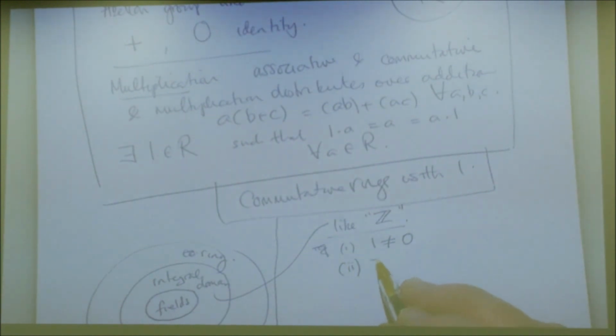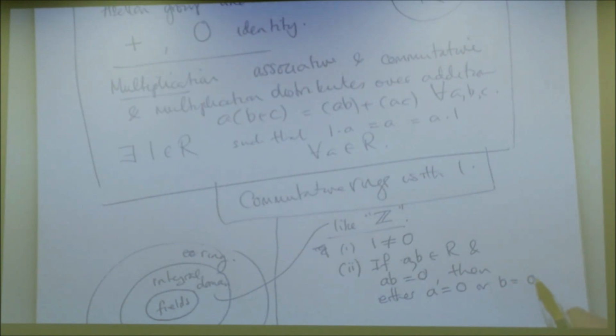Secondly, that if A and B are in the ring, and AB equals 0, then the only way that can happen is if either A is 0 or B equals 0. These are properties which are clearly enjoyed by the integers.